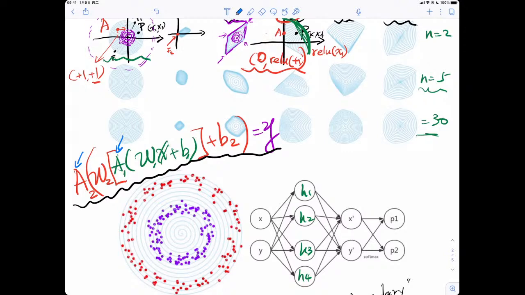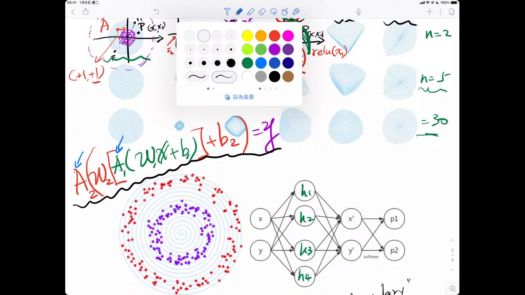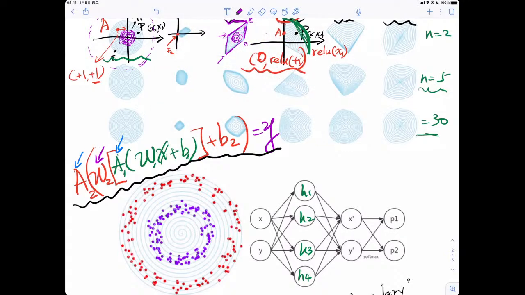Okay, and then the weights right here, and the B right here, those parameters help us to rotate the data or do some linear transformation.